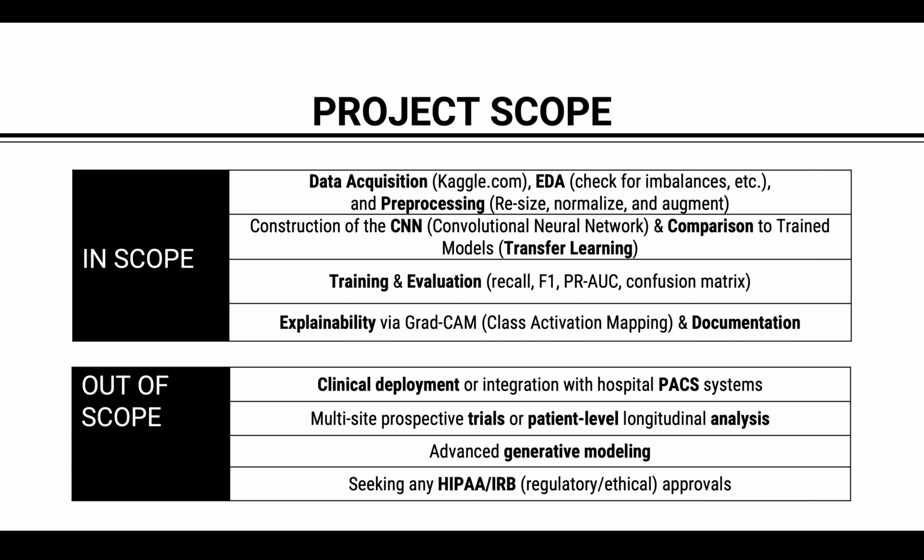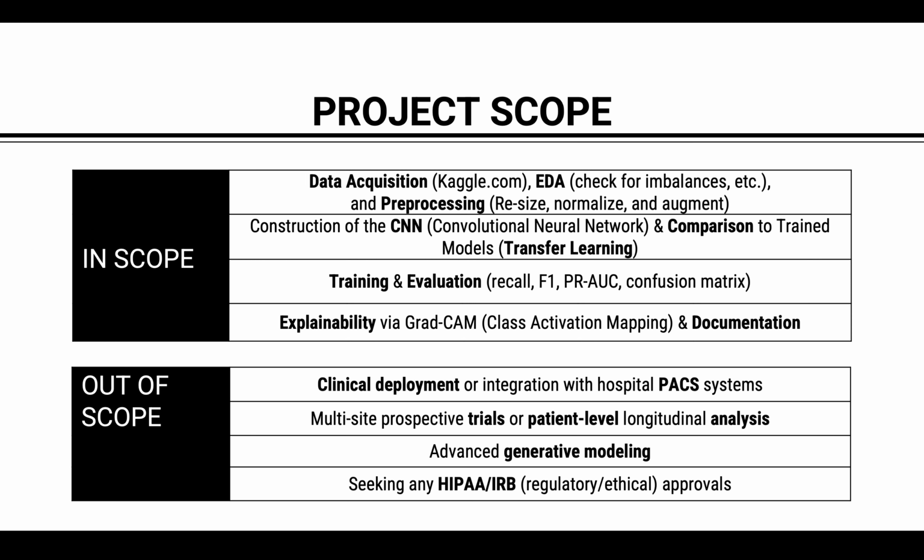For this project, the scope is focused on the technical research and experimentation side of machine learning, not on clinical deployment. In scope, the project includes acquiring the dataset from Kaggle, performing exploratory data analysis to check for imbalances, applying pre-processing steps such as resizing, normalization, and augmentation, and then I'll build a convolutional neural network from scratch and compare it with pre-trained models using transfer learning.